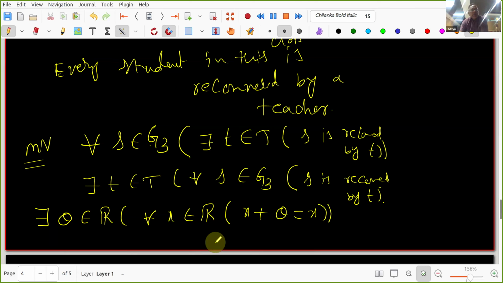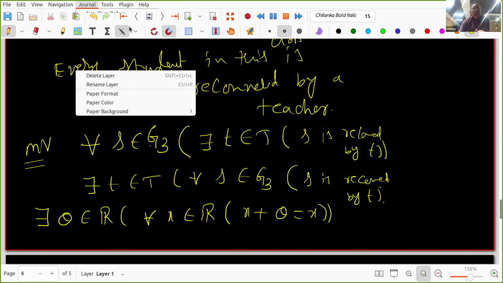Can you tick yes? There exists a theta. Given any real number, there is a special real number. So you take any real number, if you add it to that, I'll get x back. What is this conveying? Whatever you feel, you can tell. Don't worry about it.